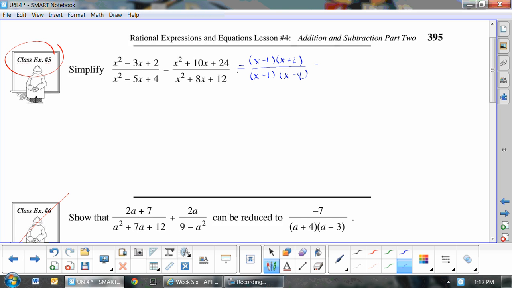Okay, so I'm just getting these from factoring this. This is just like type 1 factoring that we learned in the factoring unit. Okay, so on this side, we get x plus 4, x plus 6.